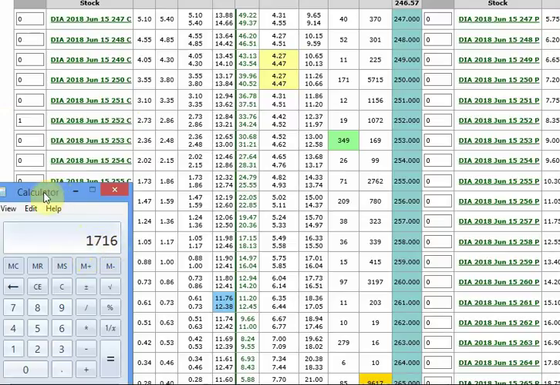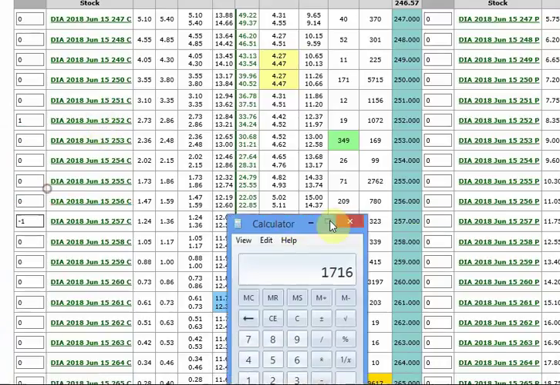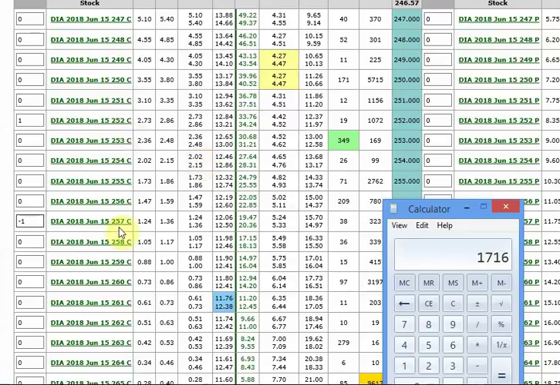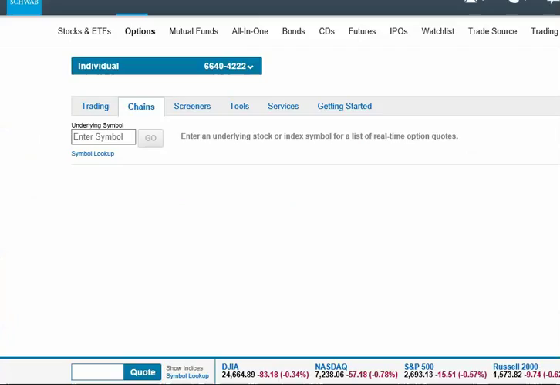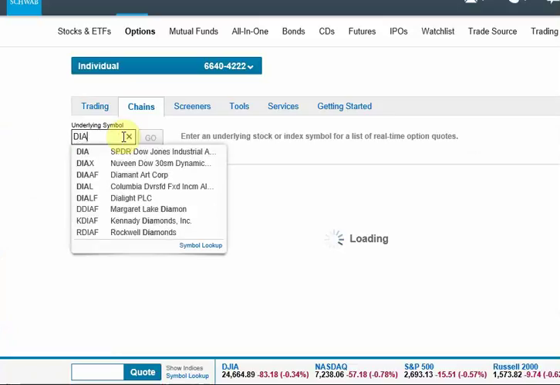So to do this trade, again, we're going to go with the June 15 expiration, and we're going to use the 252, 257 calls. So go into Schwab, type in DIA.